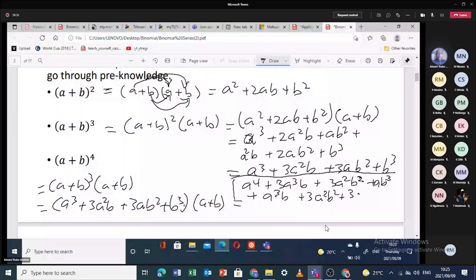Now simplifying this, taking the like terms: A to the power 4, then 4A cubed B, another like terms plus 6A squared B squared, and another like terms 4AB to the power 3 plus B to the power 4.